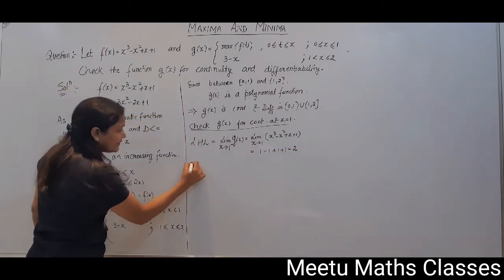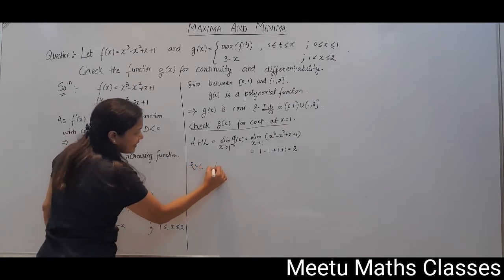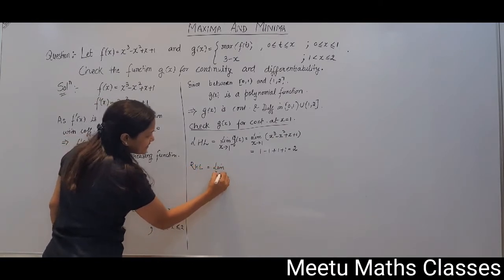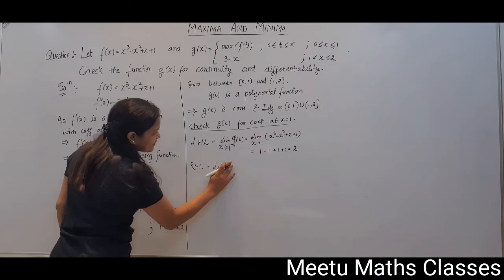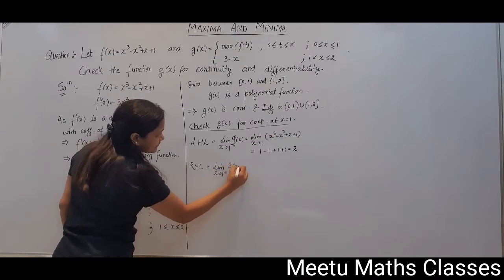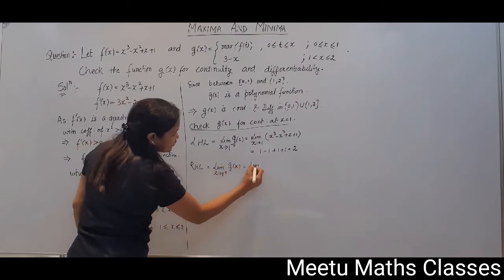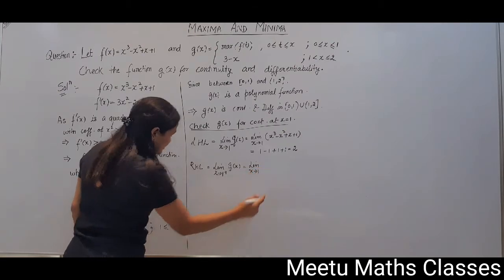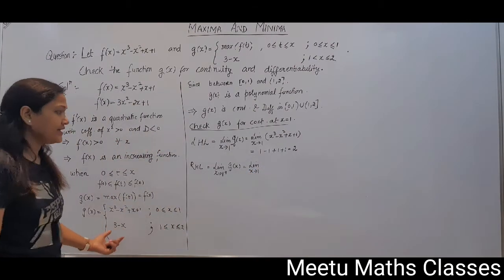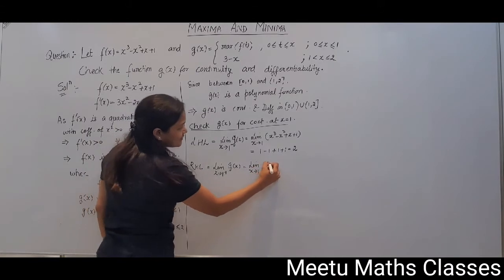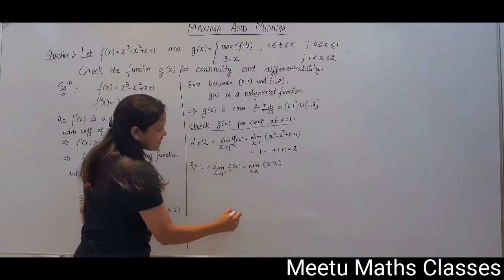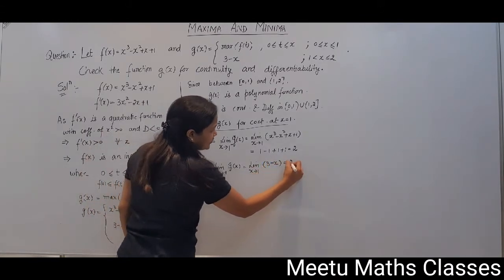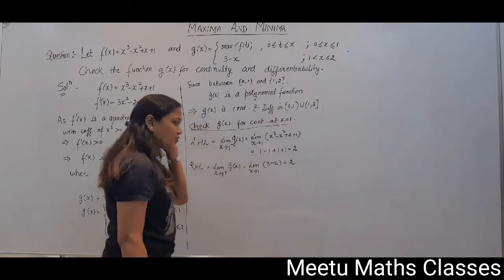Now take the right hand limit. The right hand limit is limit x tends to 1 plus g(x), and to the right of 1 your g(x) is defined as 3 minus x. This will give you 3 minus 1, that is 2.